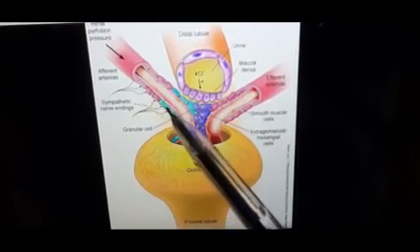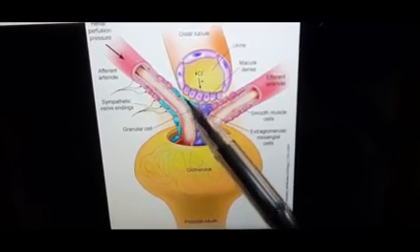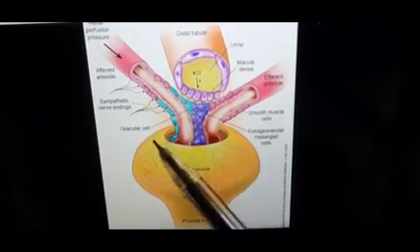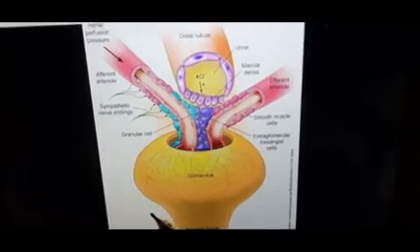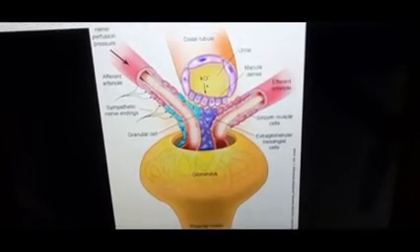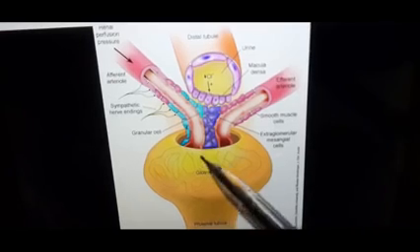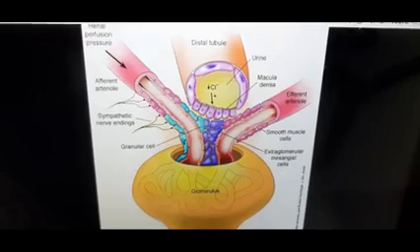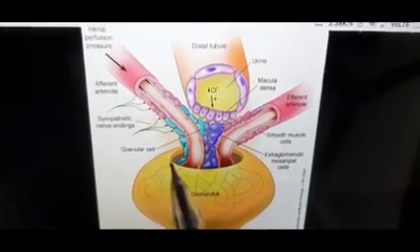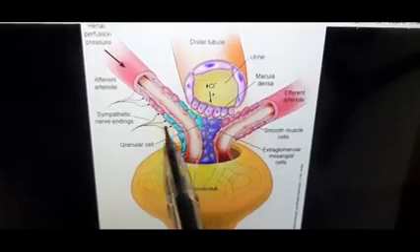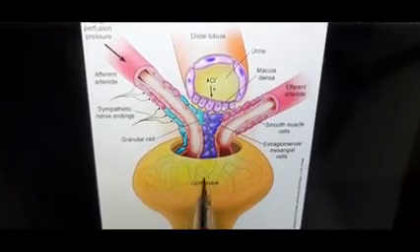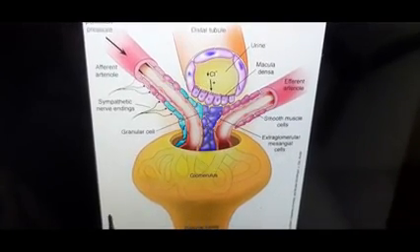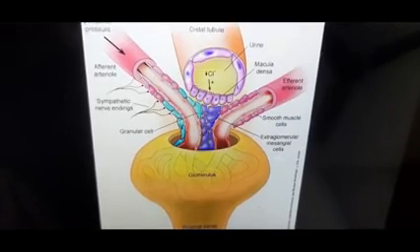Then the inner lining of the afferent arteriole, you can see these are the cells, and these cells are granular cells, also called JG cells or juxtaglomerular cells, or the renin producing cells or Lacis cells.